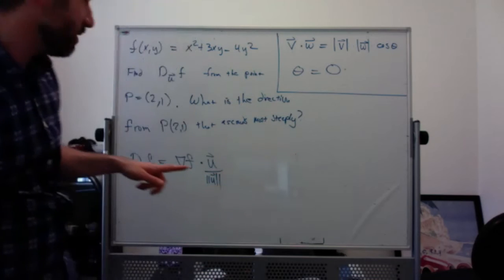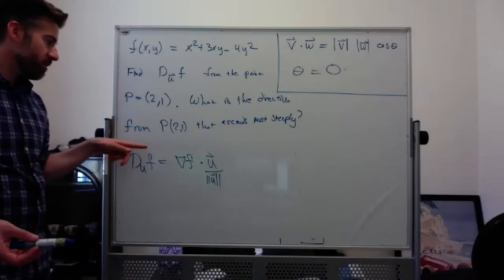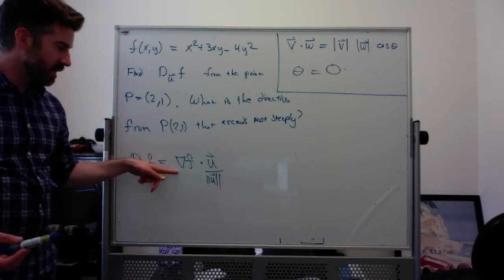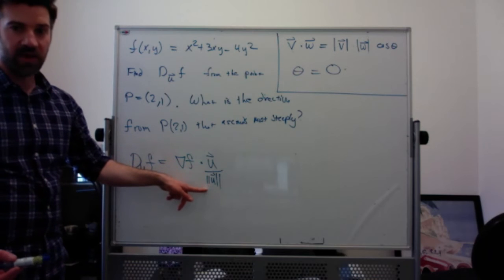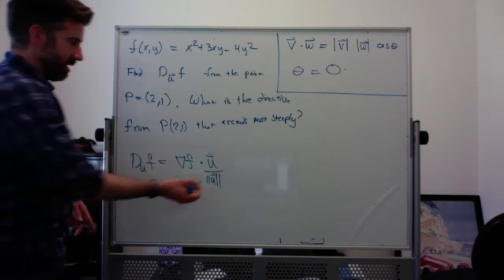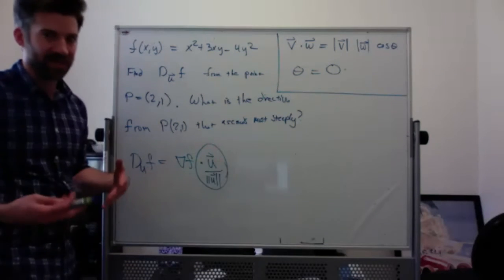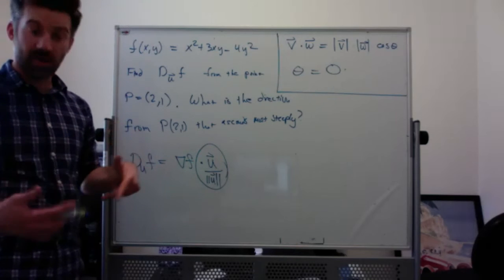So here's what this actually means for us. For the gradient and the vector to have the same direction, this vector has to exactly be in the direction of the gradient.